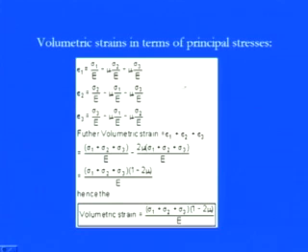So further, if we put all these values which we have calculated, epsilon 1, epsilon 2, epsilon 3, in this volumetric strain, we will get sigma 1 plus sigma 2 plus sigma 3 divided by E, minus 2 times mu, because mu is there in both terms, 2 times mu into sigma 1 plus sigma 2 plus sigma 3 divided by E. Or we can say that the volumetric strain, in terms of the principal stresses, is sigma 1 plus sigma 2 plus sigma 3 into 1 minus 2 times mu, divided by E. The meaning is very simple: if we know the principal stresses sigma 1, sigma 2, sigma 3, we can easily get the net change of volume due to the effect of these principal stresses, which are mutually perpendicular to each other, and what the interactive effect is, we can easily find out.